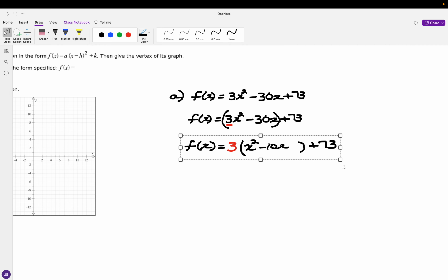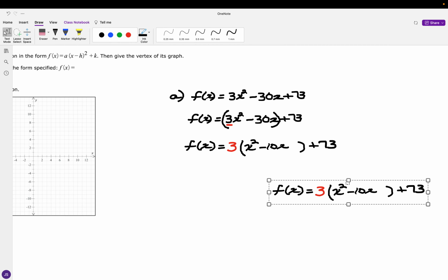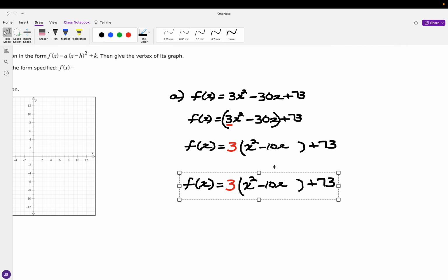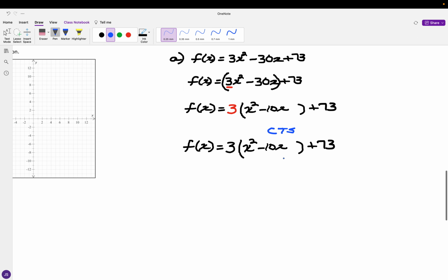I'm just going to duplicate this item, and look at completing the square. With the leading term of x squared within the parentheses, I can proceed this time around. Next to x, we have the coefficient negative 10.